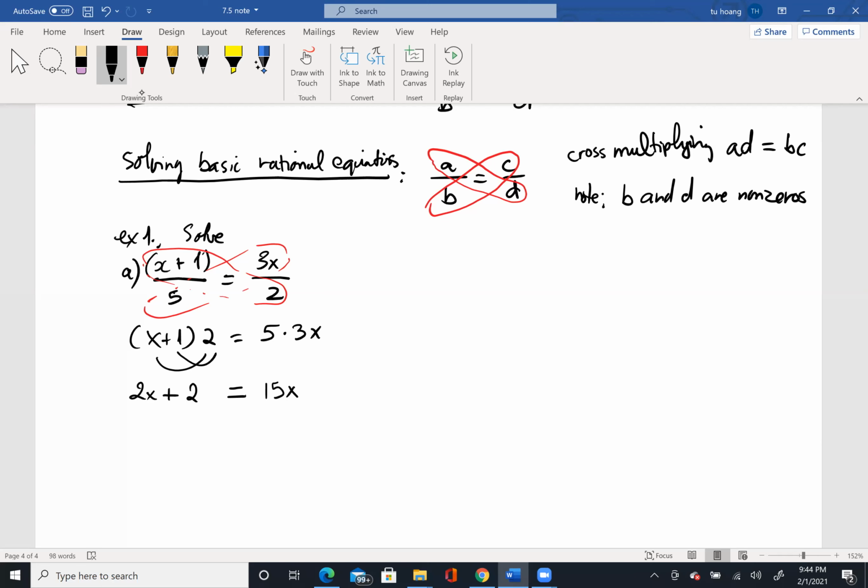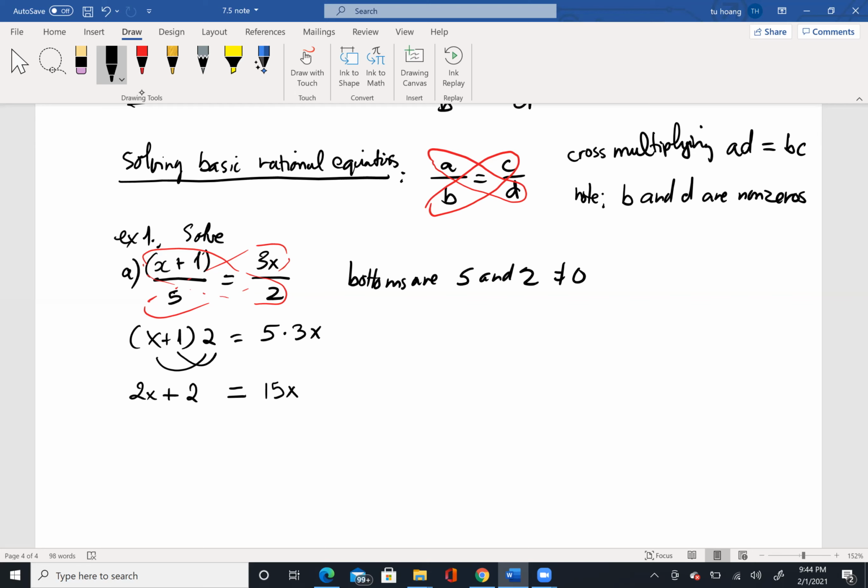Why can I use cross multiply? I know that because the bottoms are 5 and 2, which are not equal to 0. They both are not equal to 0.